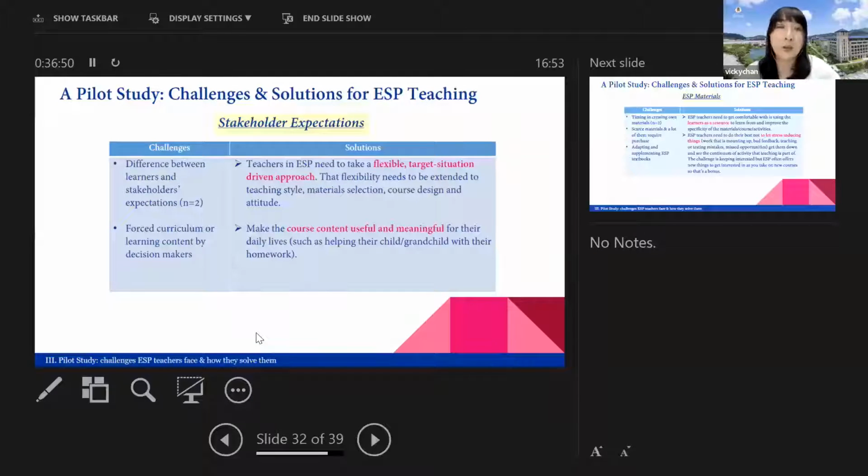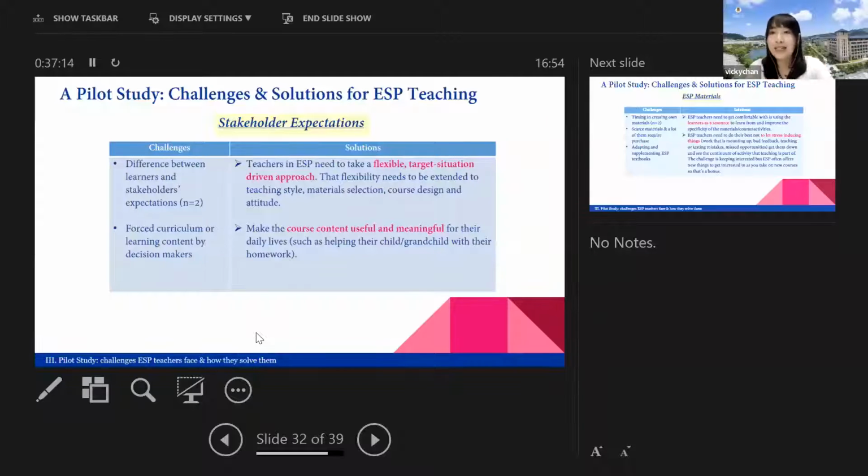However, the stakeholder expectations provide some challenges for the teachers as well. Let's say the different expectations between learners and stakeholders, and also somehow as teachers, we might be forced to follow a fixed curriculum or even learning content by decision makers.